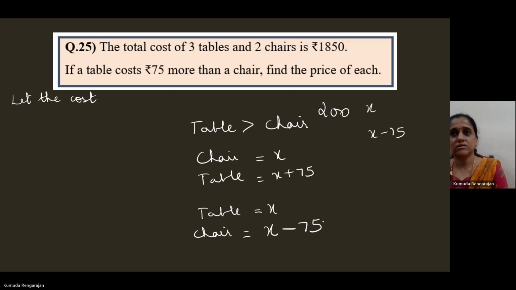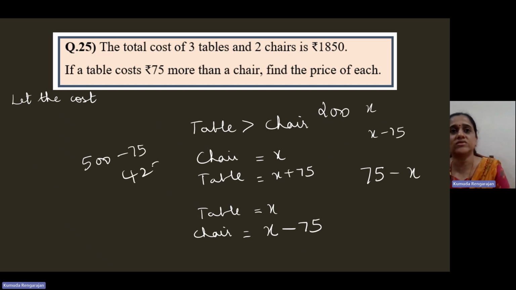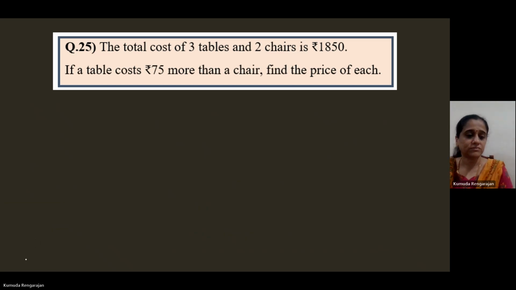Not 75 minus X. If I say the table is 500 rupees, in your mind you'll do 500 minus 75, 425 is the cost of the chair. Correct?